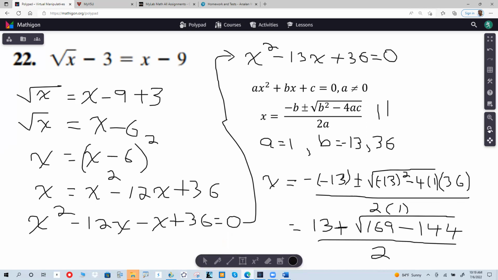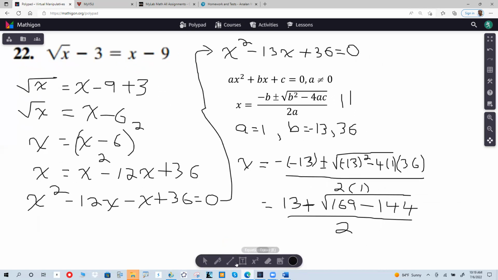So the good news is we're actually reviewing the previous section. We have been factorizing and we have been using formulas. So what do we get here? 169 minus 144.